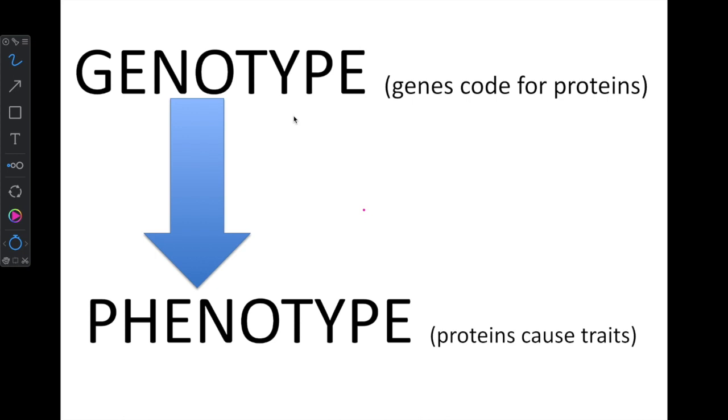For example, for genotype you could have capital R, lowercase r, heterozygous. For a phenotype, it would be red, the actual trait that you see.